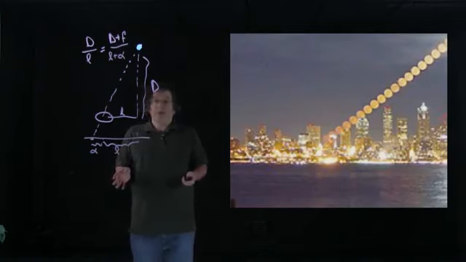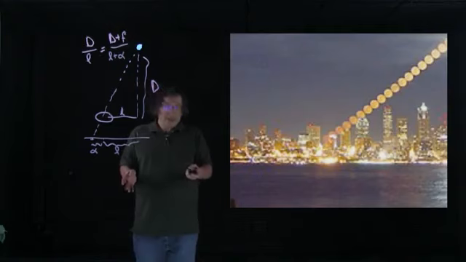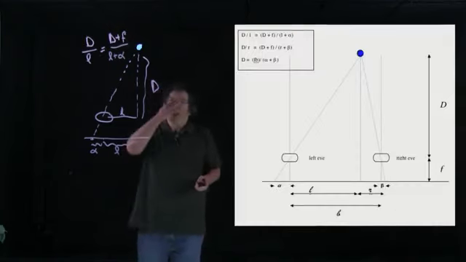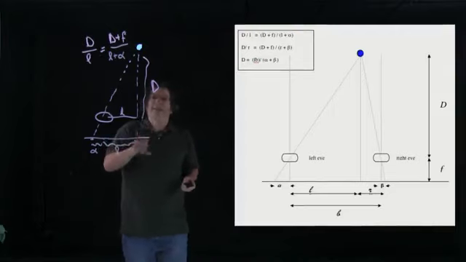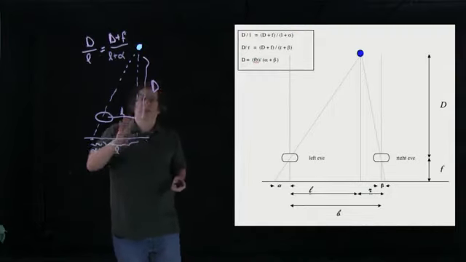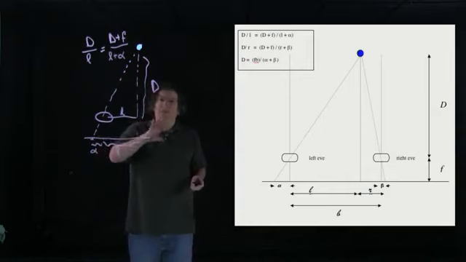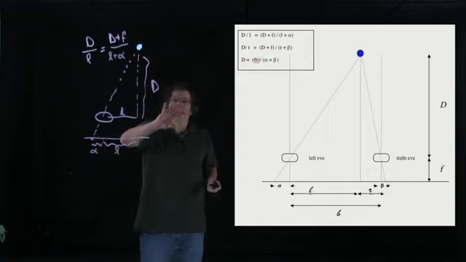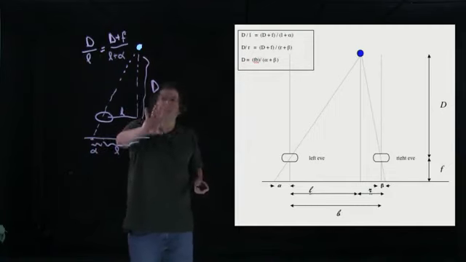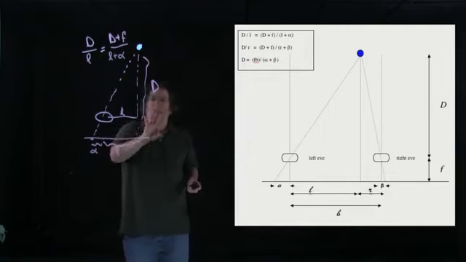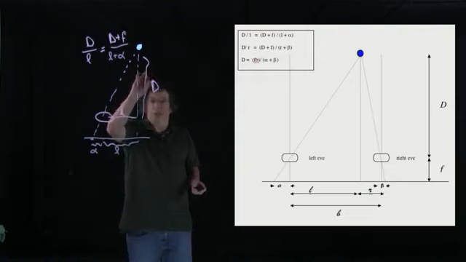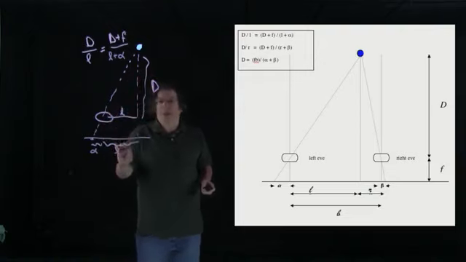Perhaps a more interesting question, though, has to do with, let's go back, I'm going to go back all the way to this diagram. There's an additional simplification of this diagram that we haven't really focused on yet, and that is this whole discussion has focused on determining the distance of a particular element, a blue dot, from the plane of our eyes.